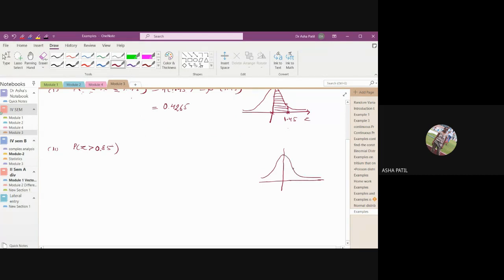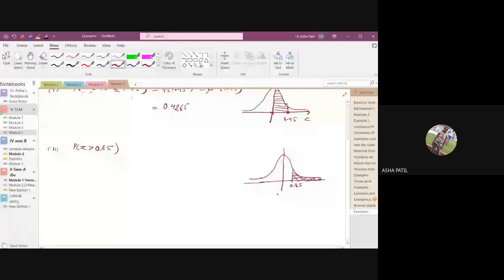So let me take 0.85 here. What we want is Z greater than 0.85. Greater than means you have to go for this shaded part. This part we want. And this is your Z equal to 0, you know it.